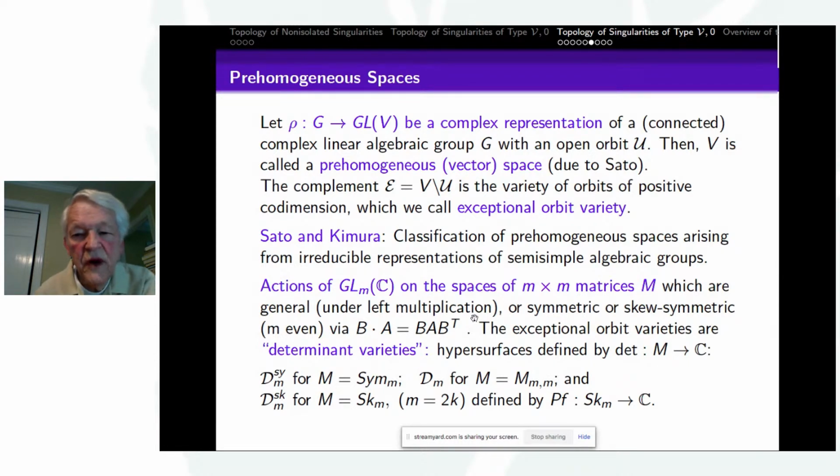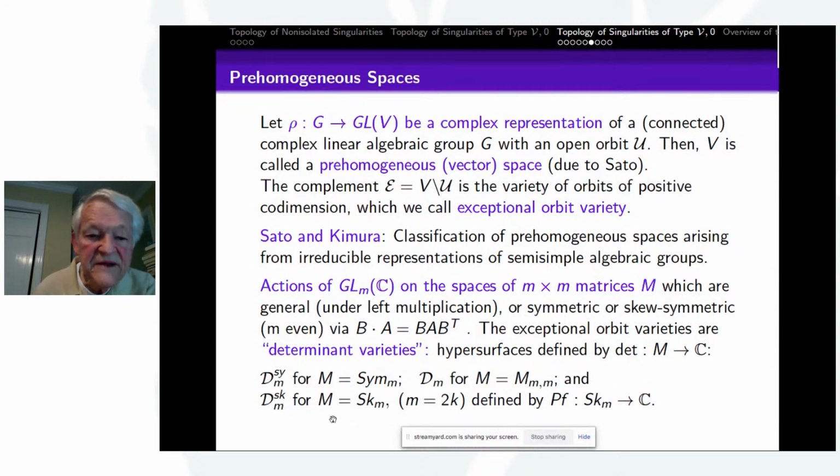The exceptional orbit varieties for these are hypersurfaces in these three cases. And in the first two cases, for the general or symmetric, so M denoting the M by M symmetric matrices or the M by M general matrices, this hypersurface is defined by the determinant.